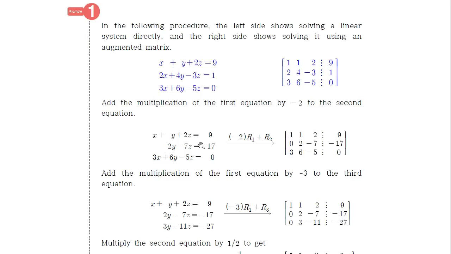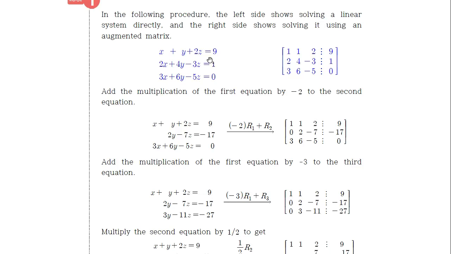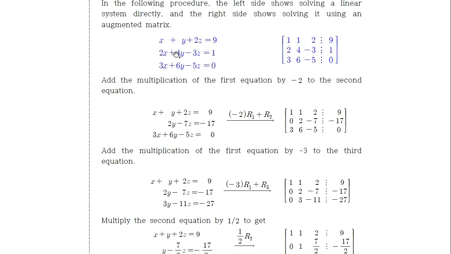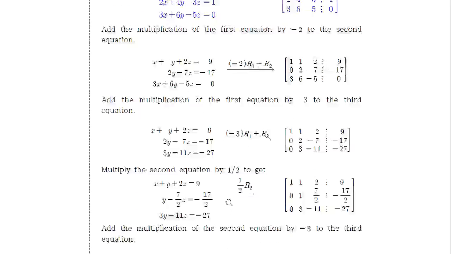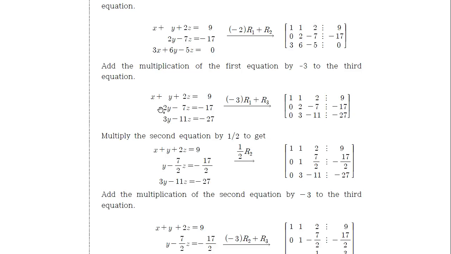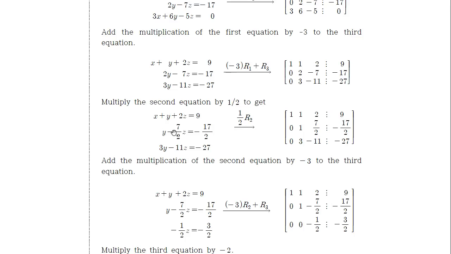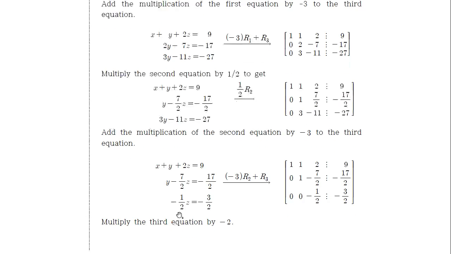For example, when you solve this linear system of equations, you did multiply -2 on the first equation, added it to the second equation to make this second equation simpler, like this. You multiplied -3 on the first equation to eliminate the 3x on the third equation. And then you divided the second equation by 2 like this, and you multiplied -3 on the second equation to eliminate the 3y's like this.